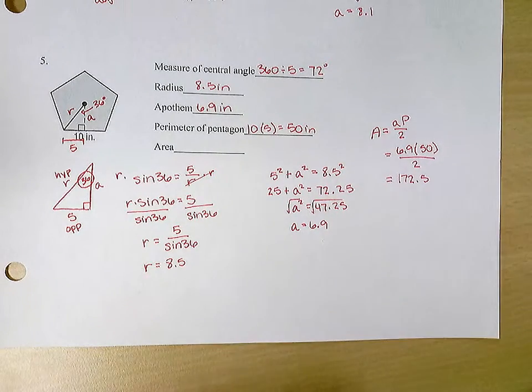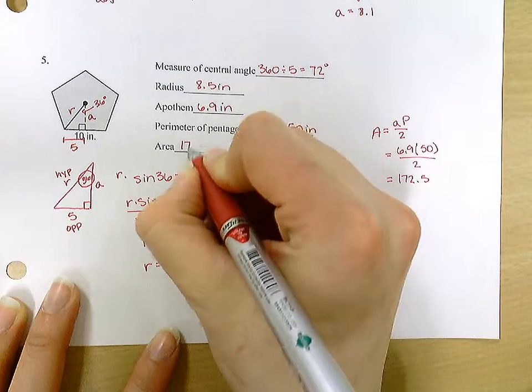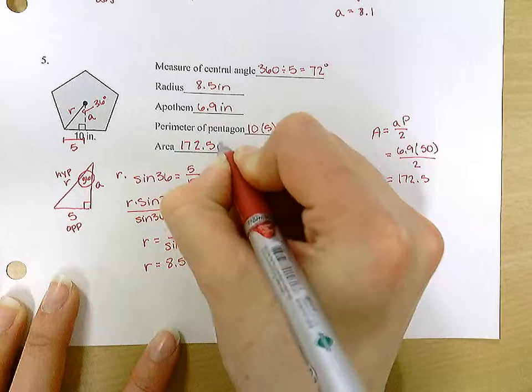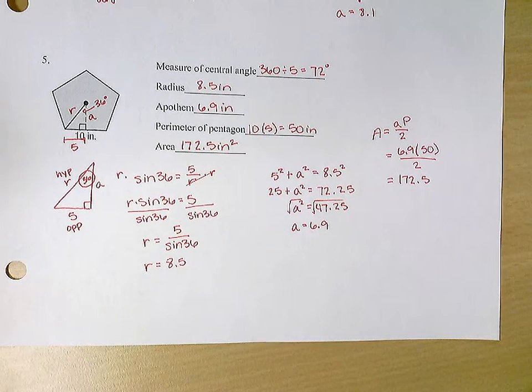Okay, and I got 172.5, and that would be in inches squared. Okay, so it's the same process. You're just using SOHCAHTOA first instead of special right triangle rules like we did yesterday.